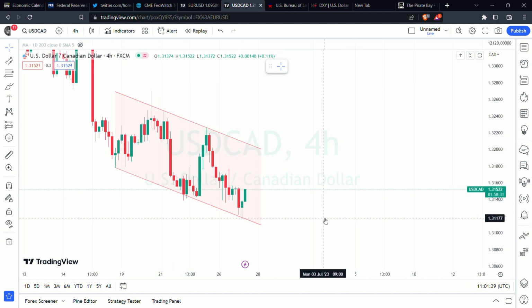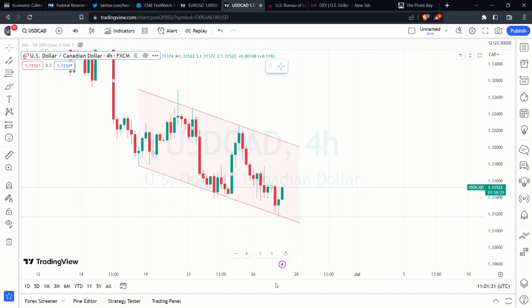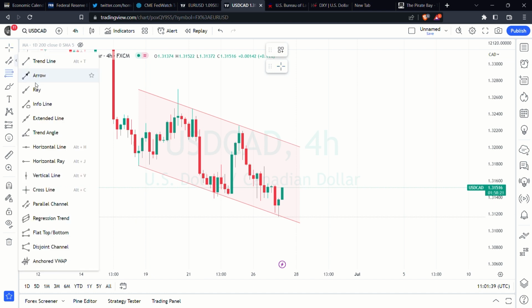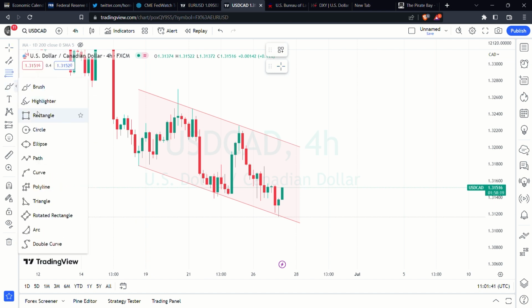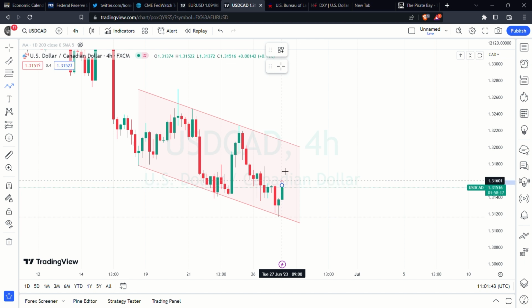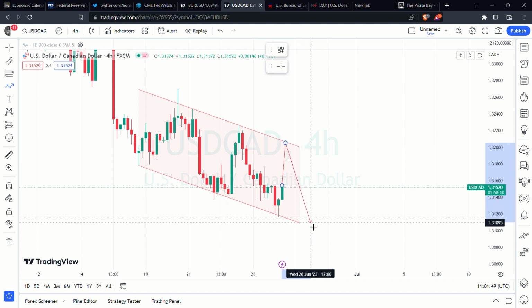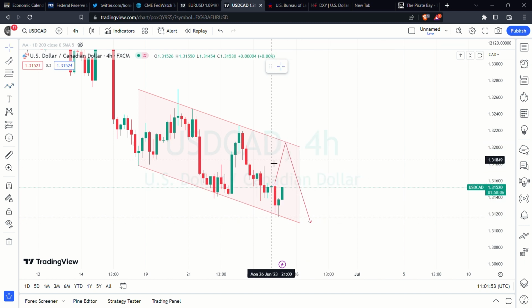So when price is doing this prior to the release, you can expect price will rally to make a new lower high somewhere here, and then continue dropping, or maybe make the new high here.